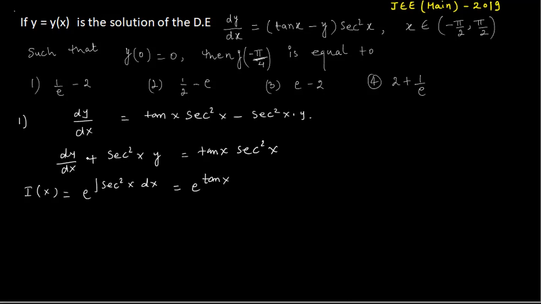Now let us write the solution of the given differential equation. So y times the integrating factor is equal to the integral of integrating factor into q. Here q is tan x into sec square x.